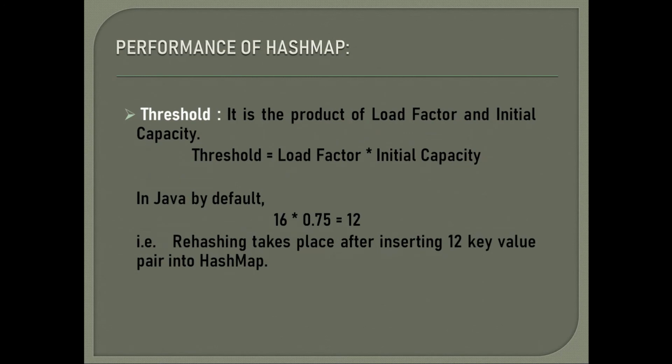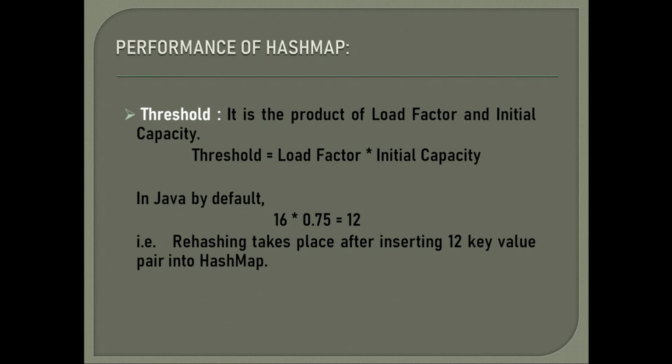Now, threshold. What is threshold? It is the product of load factor and the initial capacity. You know what load factor is: the percentage of capacity after which the HashMap grows. And initial capacity is the 16 key-value pairs. In Java, the default value of the threshold is 12.